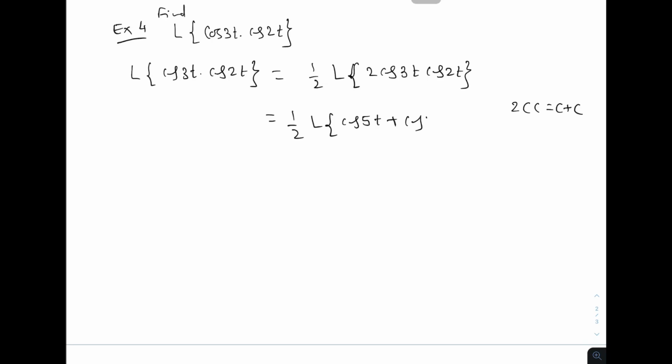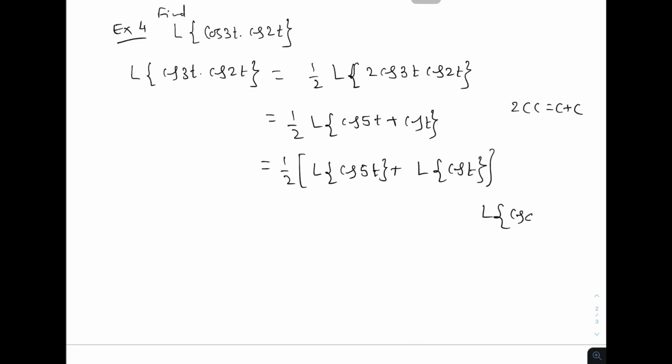minus 2)t, so cosine t. So this is equal to 1 by 2 Laplace transformation of cosine 5t plus Laplace transformation of cosine t, and we know that Laplace transformation of cosine at is equal to s over s square plus a square.